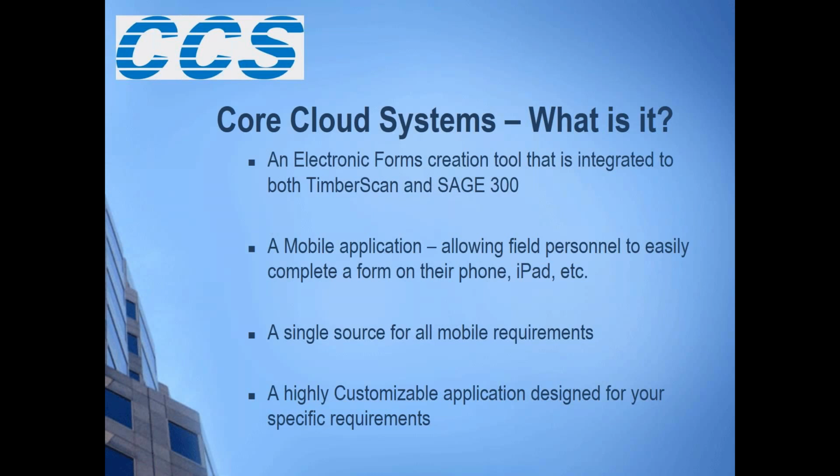Could be something in accounting, could be something in operations, what have you. Or you could, perhaps, use Excel spreadsheets and those types of things to address certain things. But one of the keys is that this particular tool does allow for the integration between both TimberScan and Sage 300. And if you're not currently using TimberScan, you can have it integrate with Sage 300.